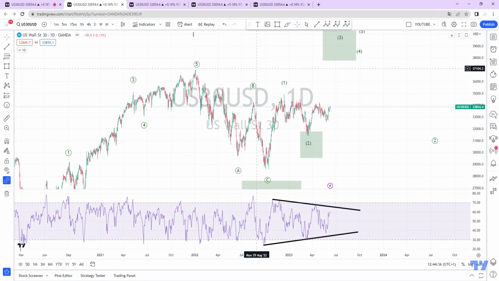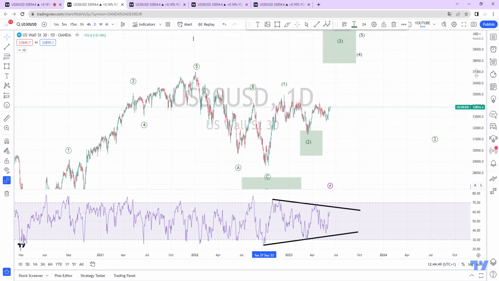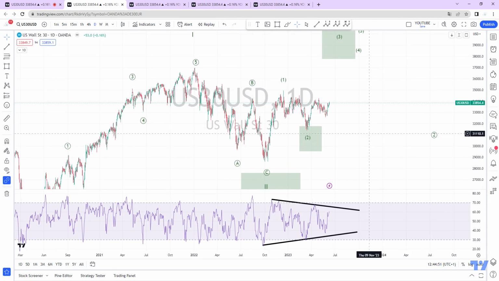Now let's further zoom in to the daily. So this here is our wave 2 low. And so here it looks like we had a first impulse to the upside. This is obviously very impulsive.